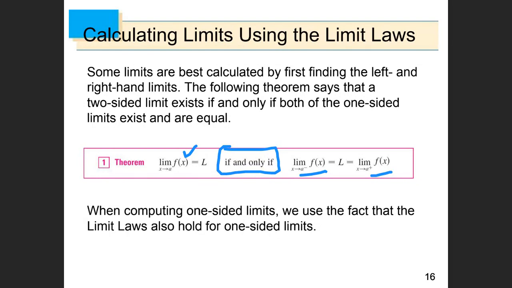We call them one-sided limits. Your one-sided limits, it means the limit from the left and the limit from the right, they have to be the same. Only then can you conclude that the limit as x approaches a of your function is actually equal to L. If the limit from the left is different from that from the right, what's your conclusion?